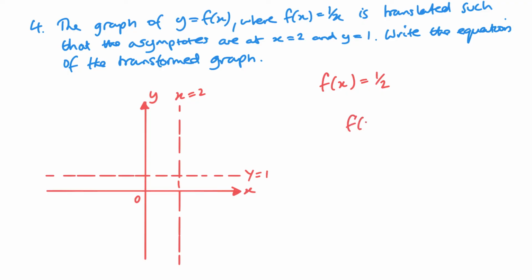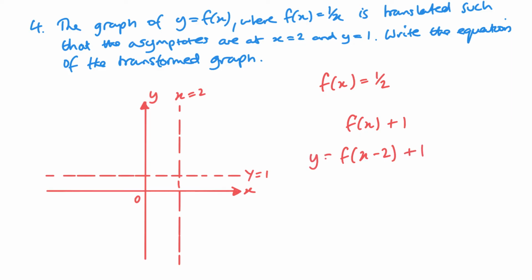So that is f of x plus 1, and then I am moving it 2 units to the right, so that would be f of x minus 2 plus 1.